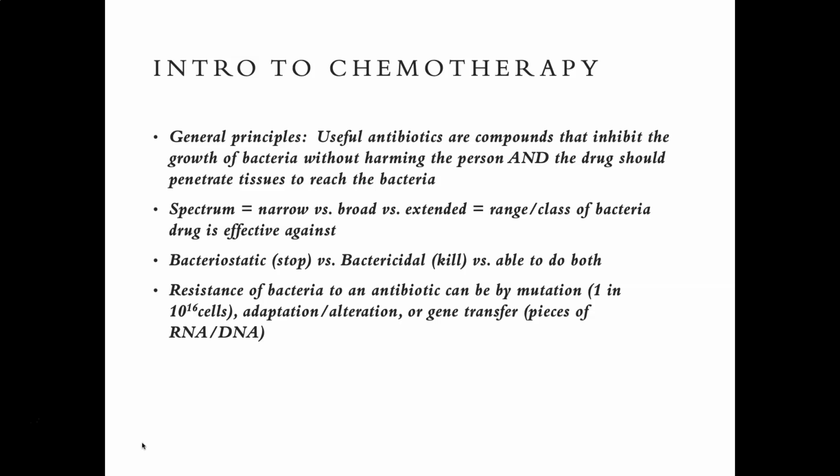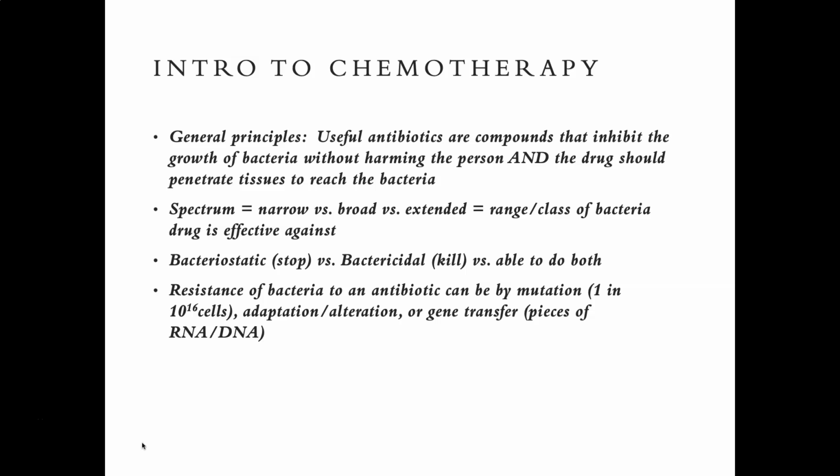The second way it can cause antibiotic resistance is that the bacteria learns to adapt or alter. It alters itself, and or it adapts. And again, your book explains this. The third way is gene transfer, where small pieces of RNA, DNA get involved, and it alters the bacteria or it alters the cells to the point where the antibiotic no longer works.